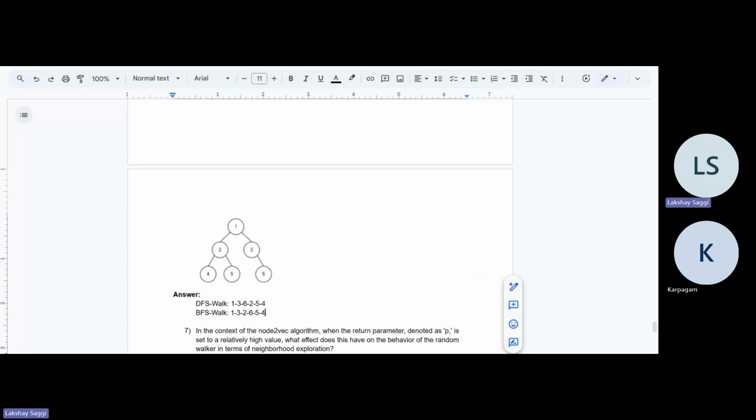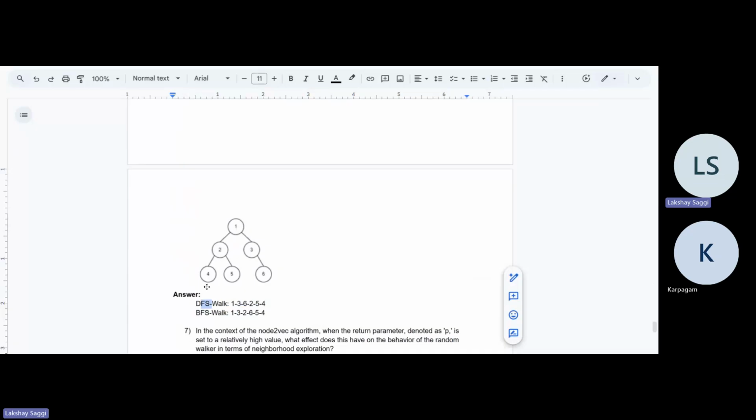So these are examples of BFS and DFS walks. One comment which I want to make is that these DFS walks and BFS walks are not unique. Let's just take the example of the DFS walk. From 1 I first went to 3 and then went to 6. Another DFS walk could have been from 1 going instead to 2.